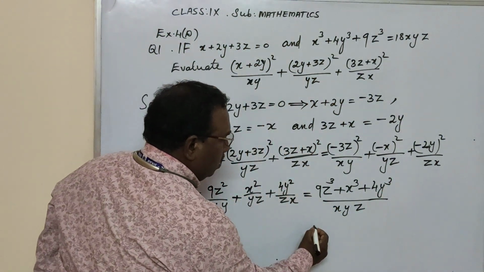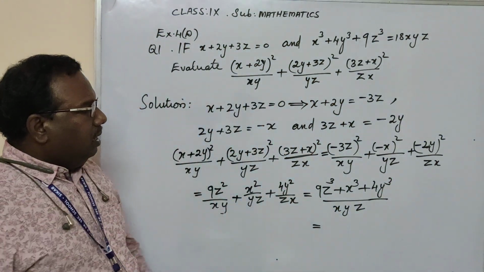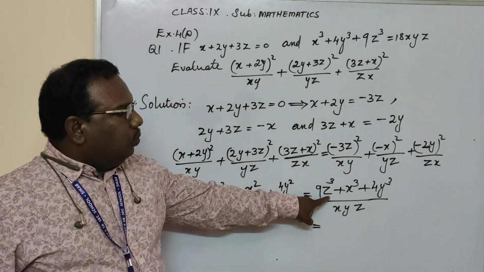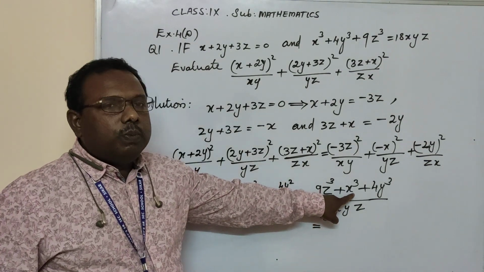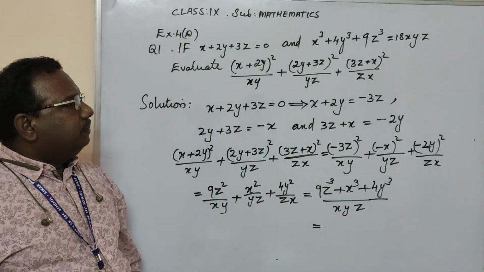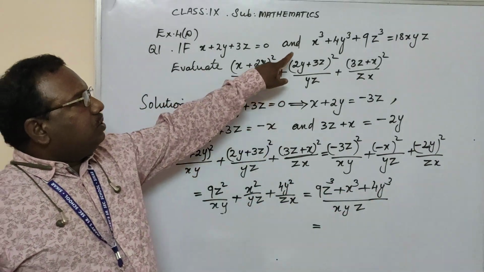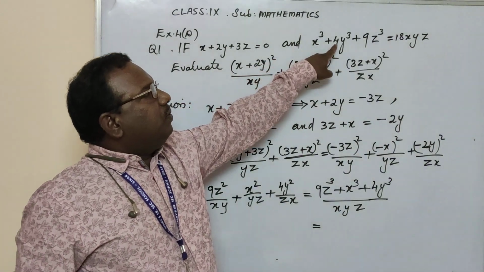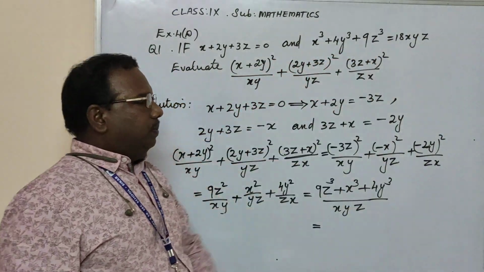Now we have here 9z cube plus x cube plus 4y cube. Now look at the question. x cube plus 4y cube plus 9z cube.